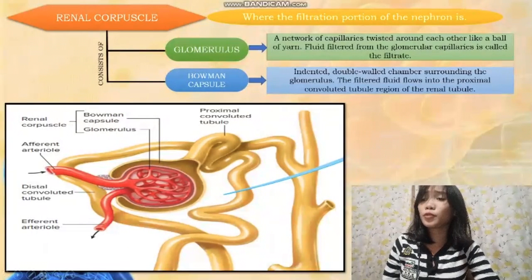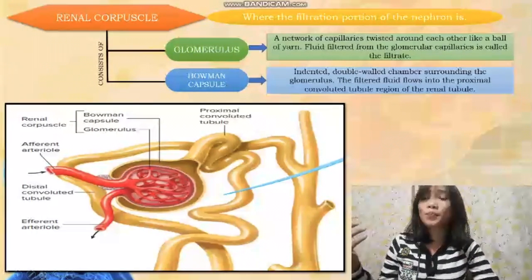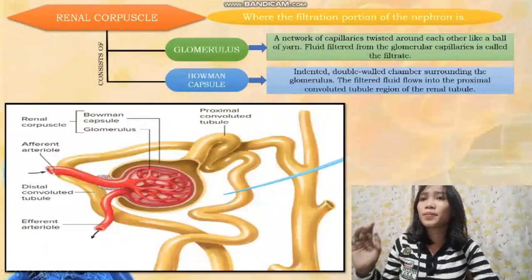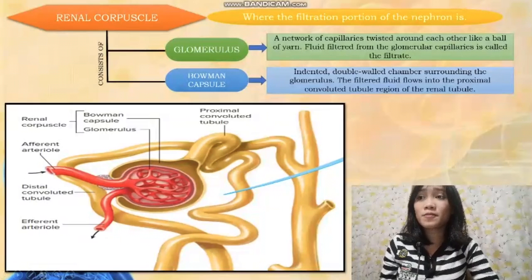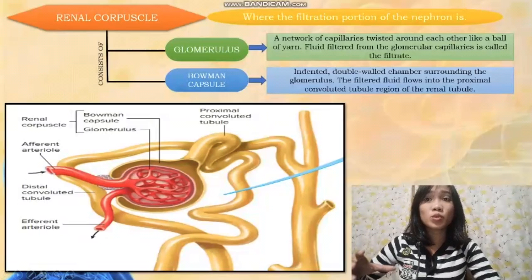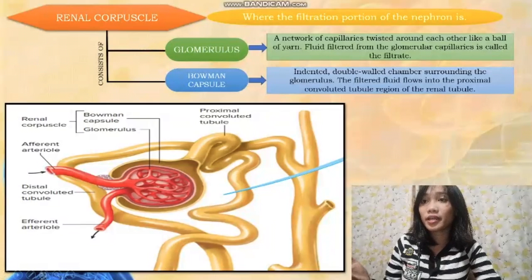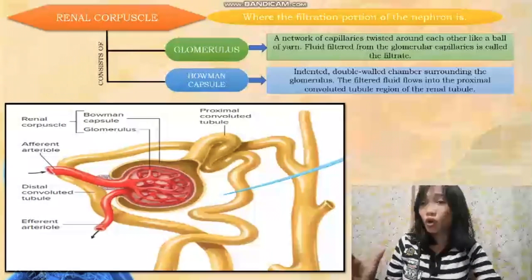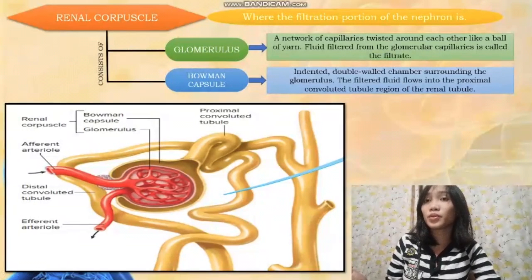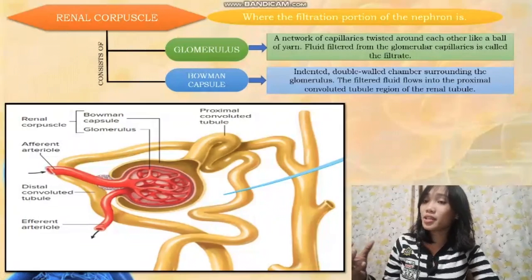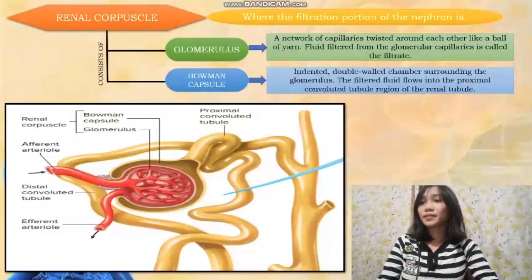The filtered fluid from the Bowman capsule flows into the proximal convoluted tubule region of the renal tubule.